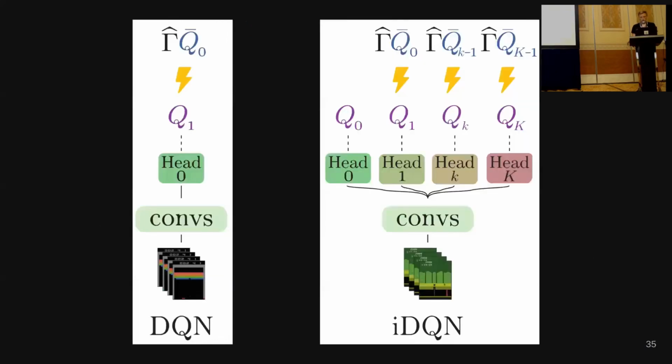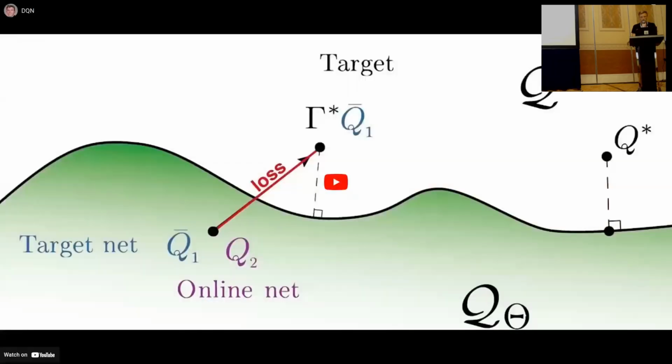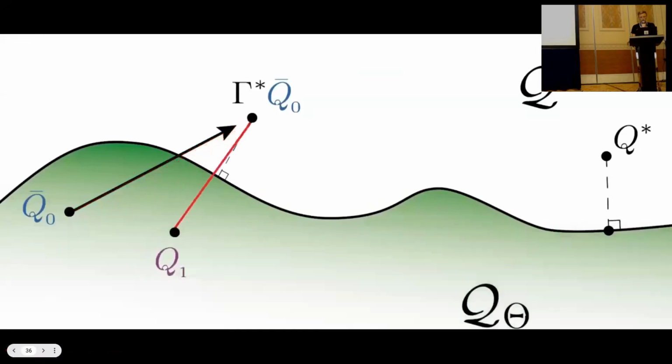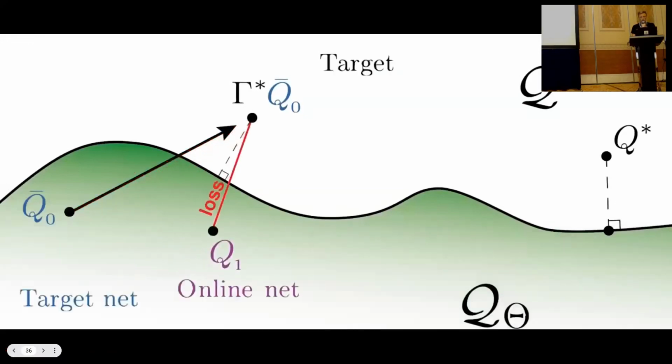Let's see this animation. So this is the process of optimization for DQN. And here is the process for iDQN.